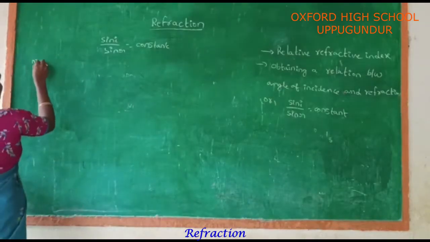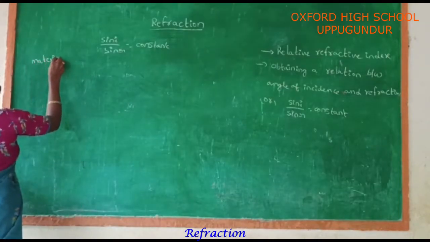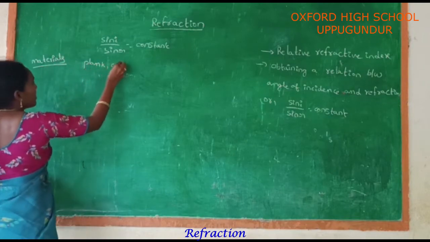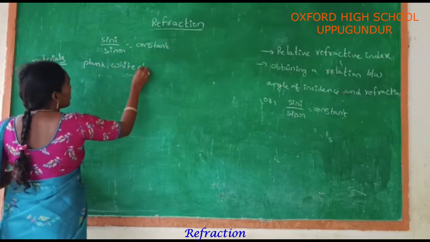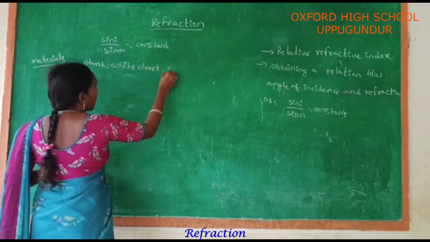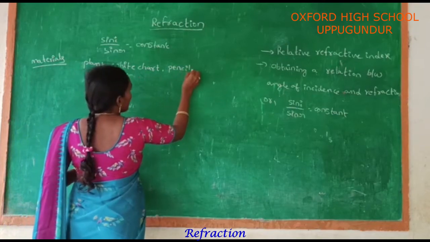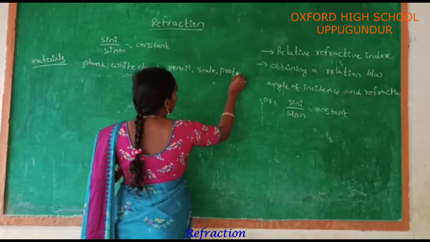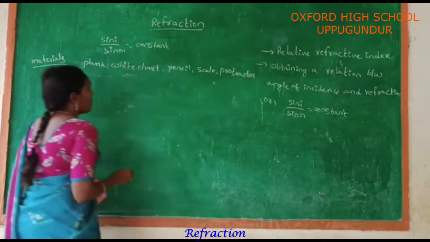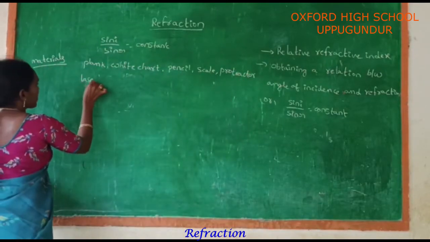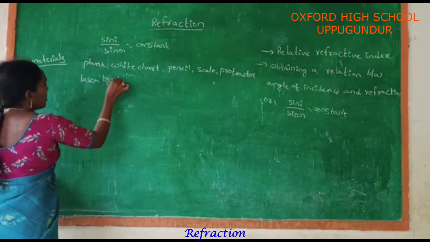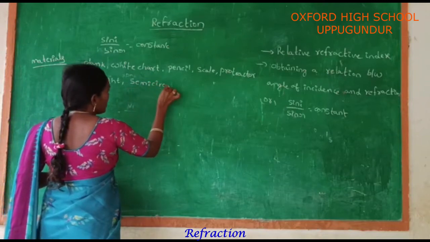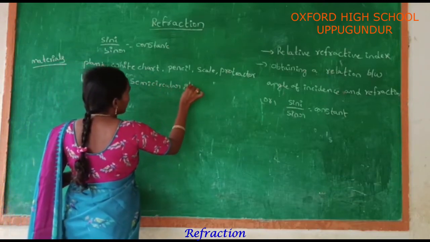The materials required for doing this experiment are: cloth, white chalk, pencil, scale, protractor, laser light, and a semicircular glass disc.